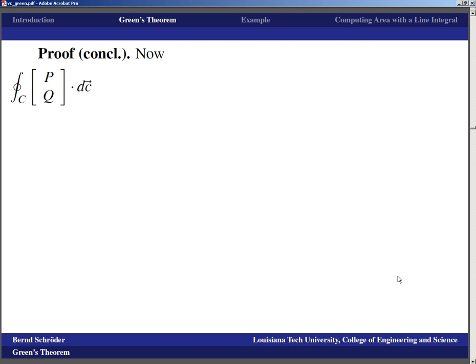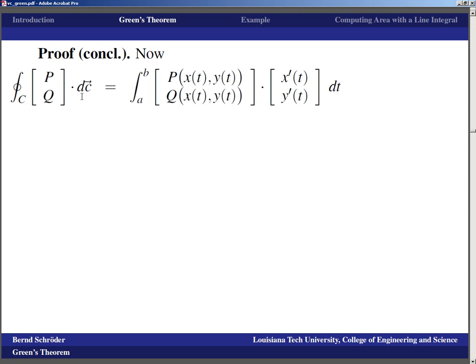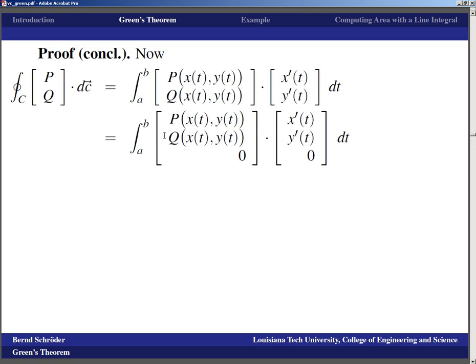Well, that means that now the integral over the curve of the vector field PQ dot dC is the integral from a to b of (P(x(t), y(t)), Q(x(t), y(t))) dot (x'(t), y'(t)) dt, which of course is the same as what I get when I take the integral of (P(x(t), y(t)), Q(x(t), y(t)), 0) dot (x'(t), y'(t), 0), and then go ahead and work that out.